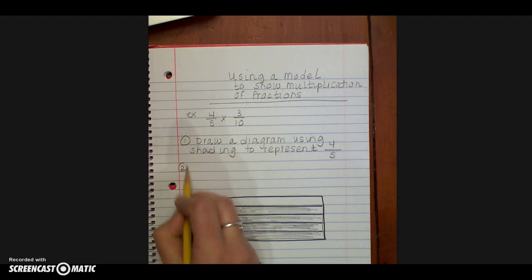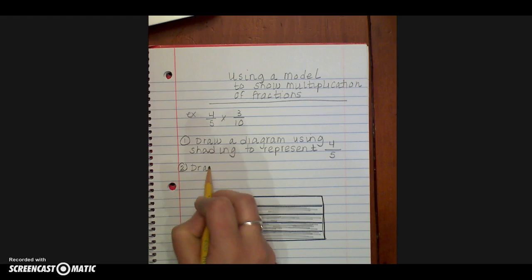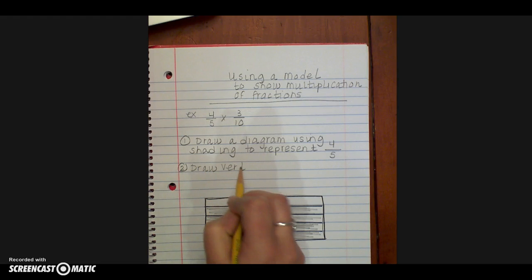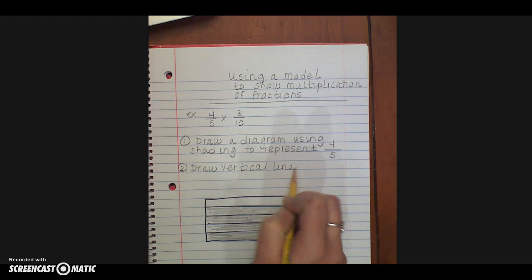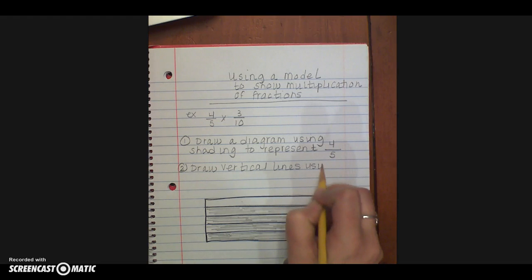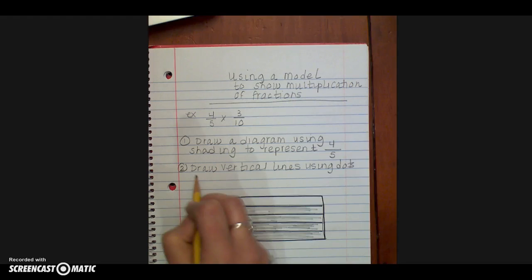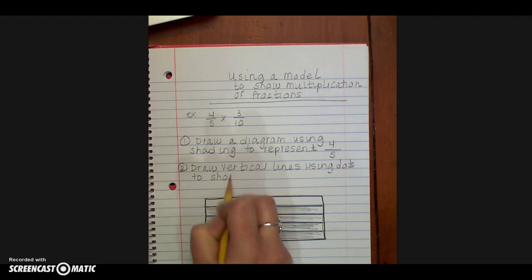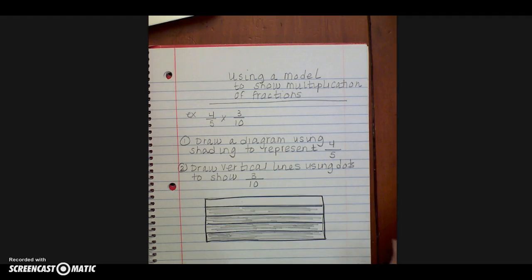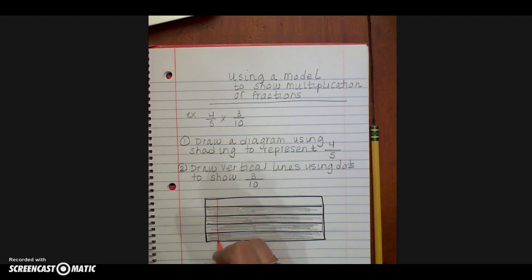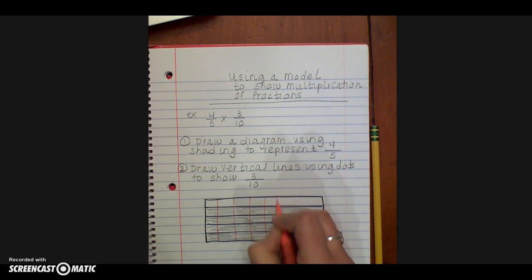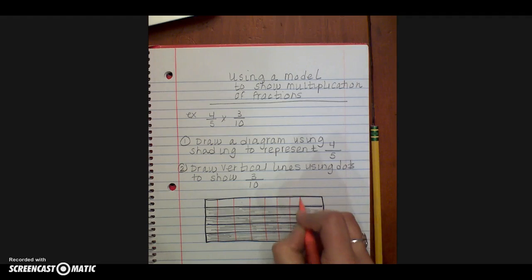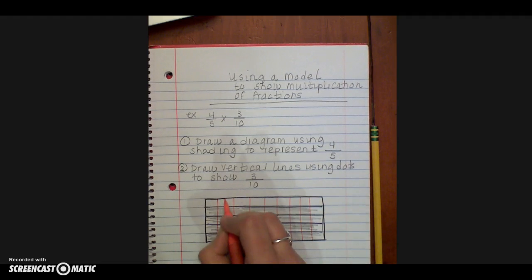The second step, we need to draw vertical lines using dots to show 3/10. So I'm going to take a separate color and I'm going to divide this figure into 10 groups vertically. 1, 2, 3, 4, 5, 6, 7, 8, 9.